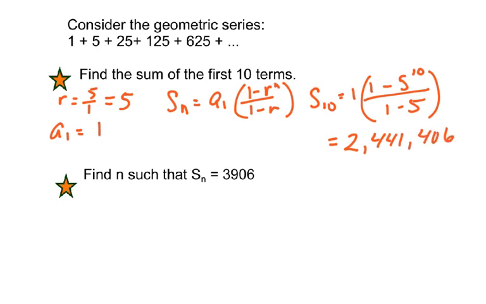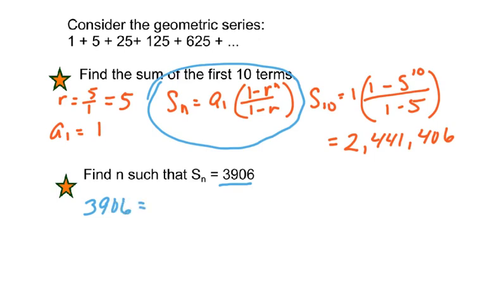Now we're being asked to find n, so we want to know what position number you are at if the sum of the geometric series is 3,906. So we're still going to use our S sub n equation, only we now know the sum is 3,906.